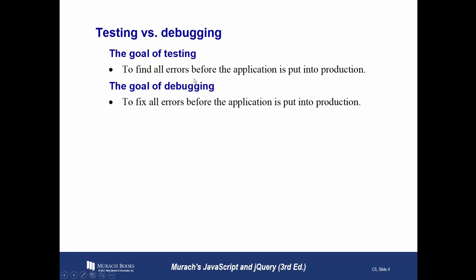Now, one of the major things in the chapter is on this slide right here. Sounds simplistic, pretty much is simplistic. When you test a program, you are trying to find every error that exists in the program before it's put into production.